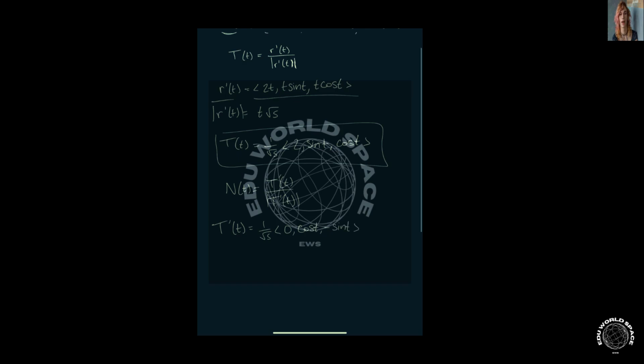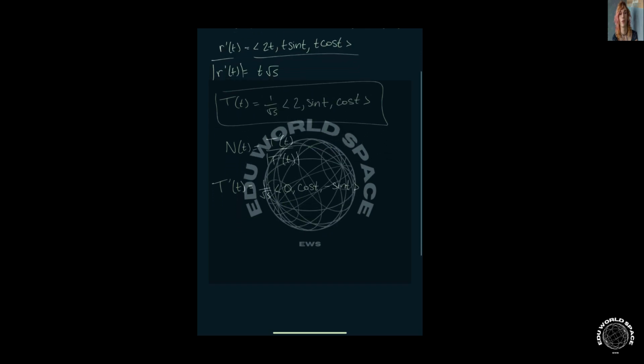So now that we have that, that will be our derivative, which then means when we take its magnitude, taking the square root of all the components squared, what we end up getting is just 1 over root 5.